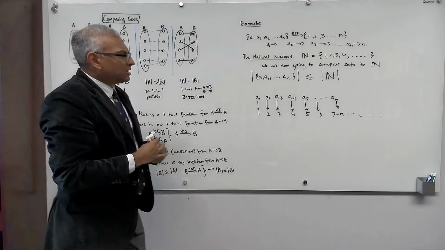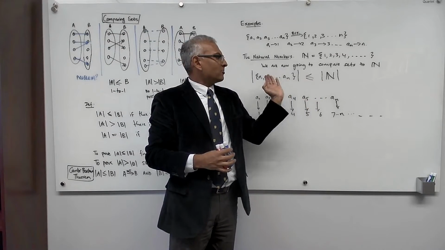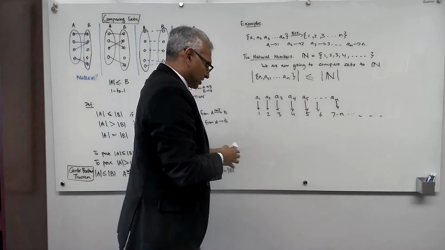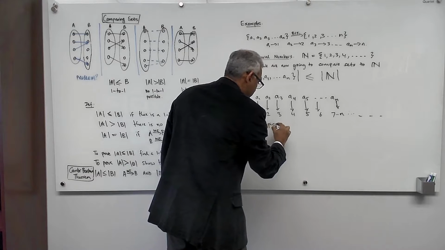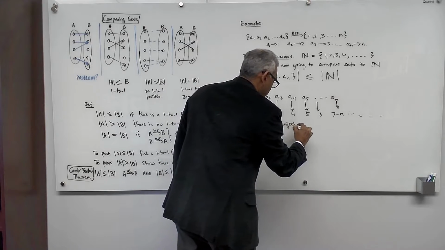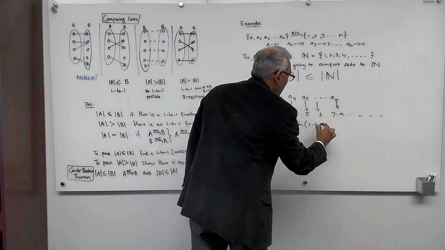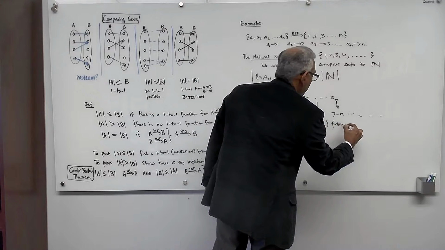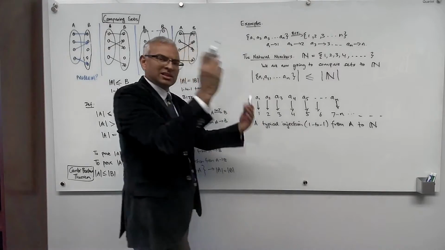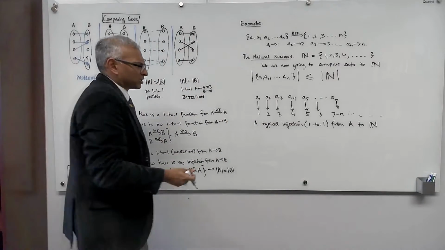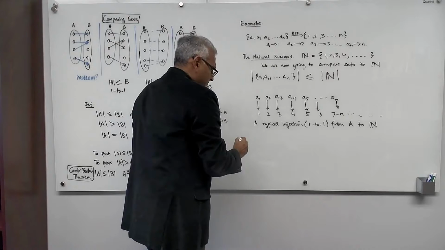Okay, so let's look at a typical injection, i.e. one-to-one, from some set A to the natural numbers. So what does A look like? And now we'll allow even A to be infinite if we want. In this case, it was finite.